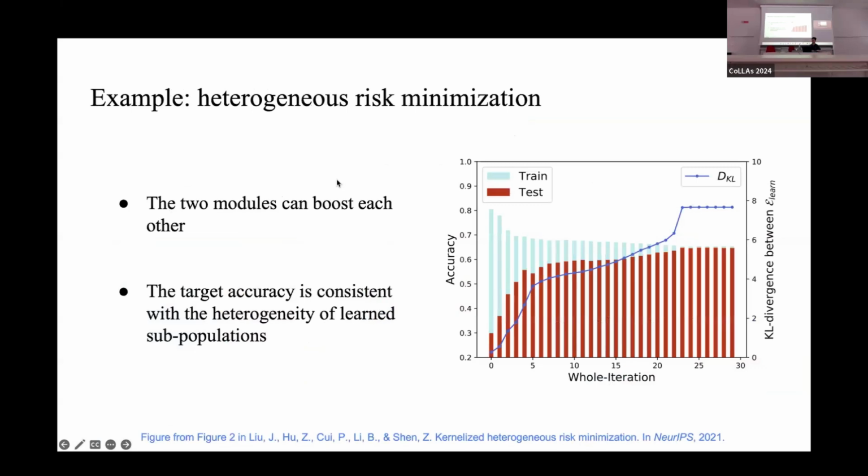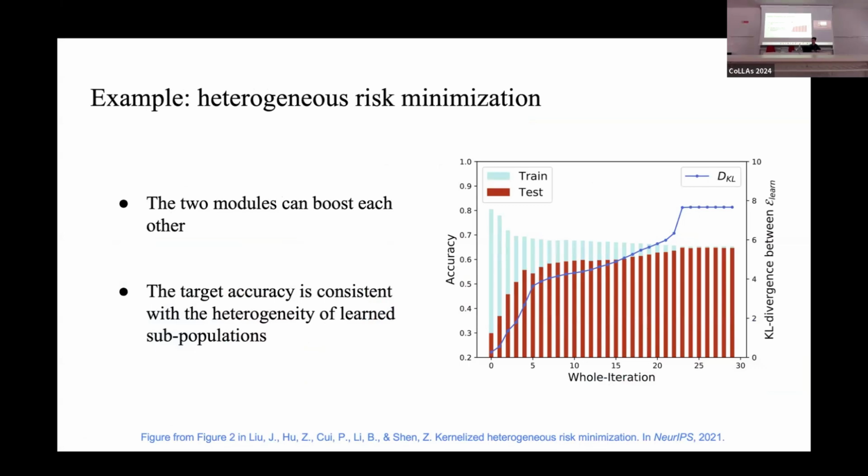Here are some results on the colored MNIST dataset, which are super interesting. Look at this figure: the blue curve denotes the amount of heterogeneity between two learned groups from our method, and we use KL divergence to measure it. The red bars denote the target accuracy.